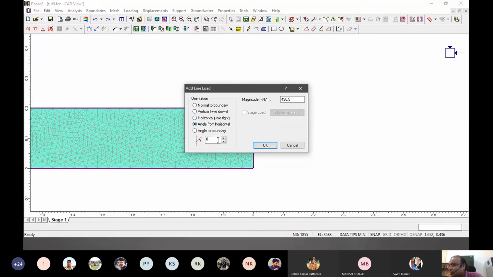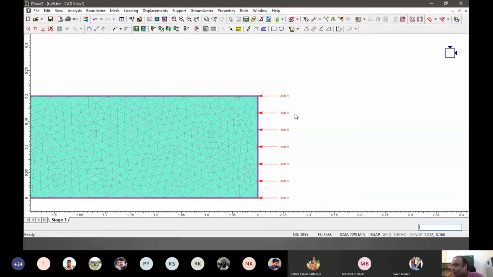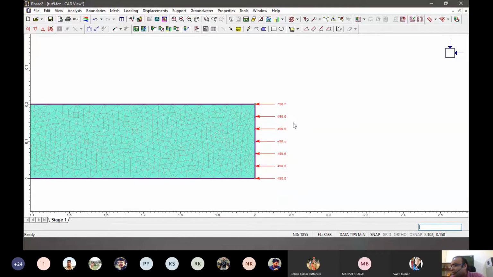So the angle from the horizontal should be minus 180. Oh, not, 180 or minus 180, same thing. And then I think it will work. So let's put it at all the vertices here and see what happens. This is in the negative direction again.